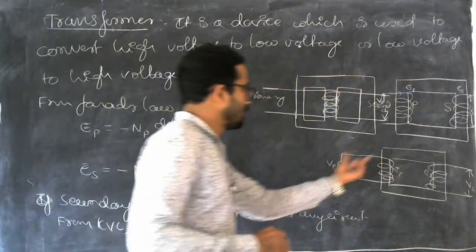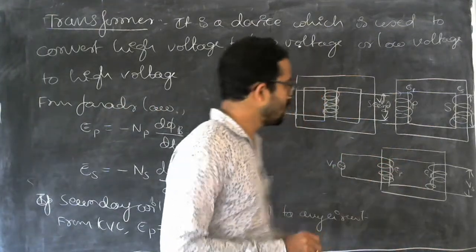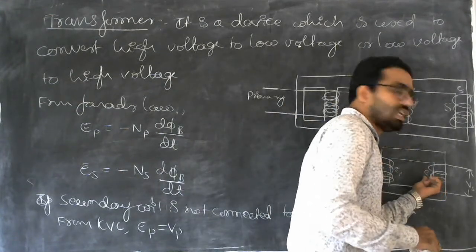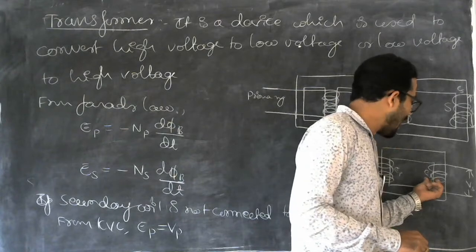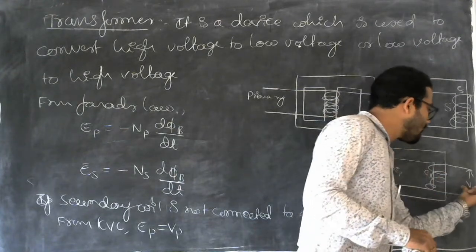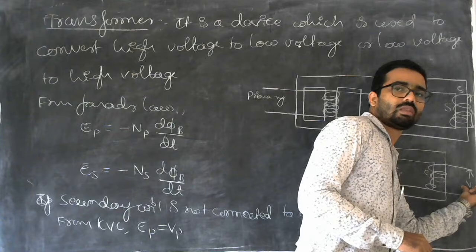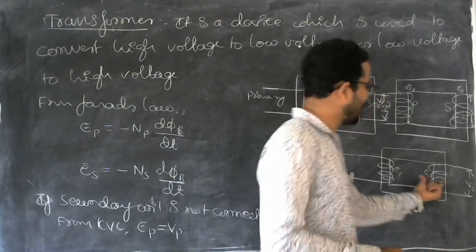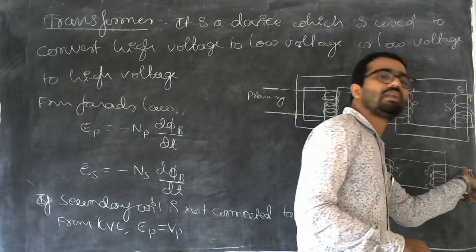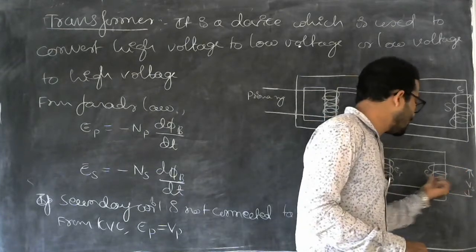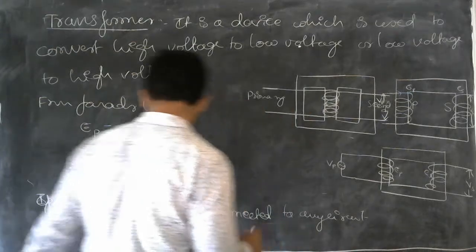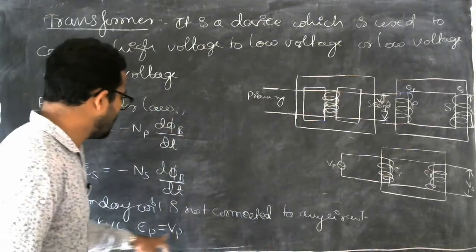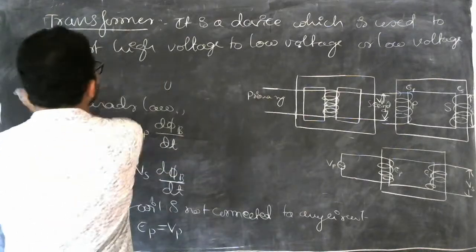Because of this changing magnetic flux in the secondary coil, it produces EMF which is ES, and that ES must be equal to VS, because this circuit is open now. Whatever potential is developed here must appear here. That is why ES is equal to VS, and from KVL, EP is equal to VP.